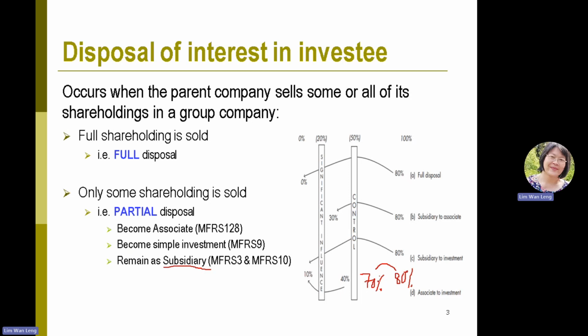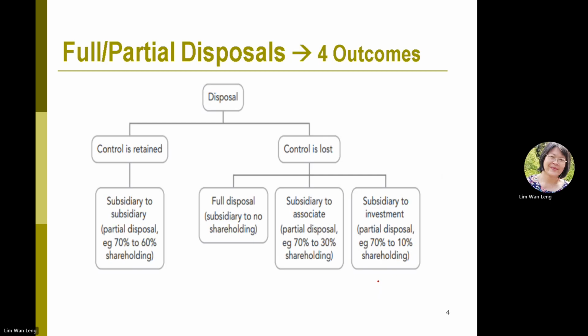And then there is some pro forma that you need to remember as well. Okay, so if you remember the pro forma, then the rest of it should be quite easy for you. Okay? So these are the disposals that we were talking about. If you dispose of already, you still have control. So subsidiary to a subsidiary, control is retained.